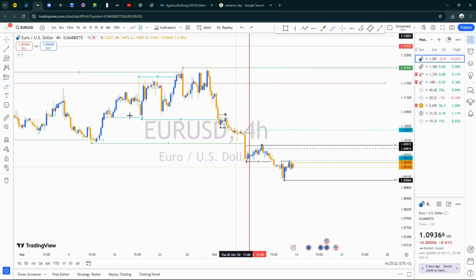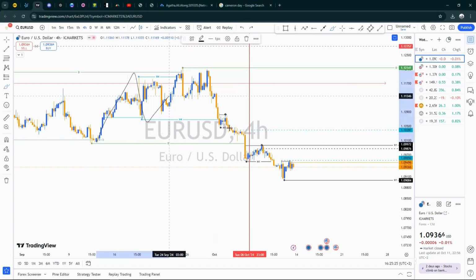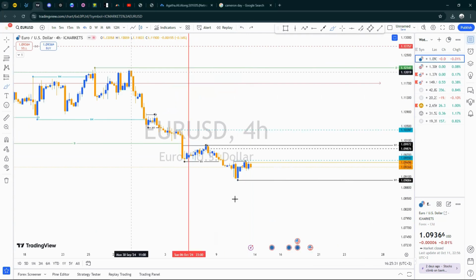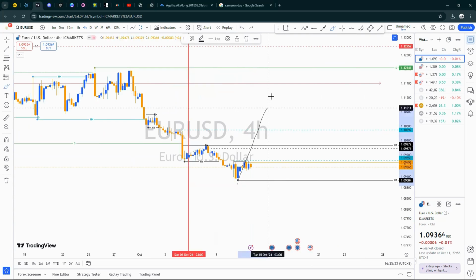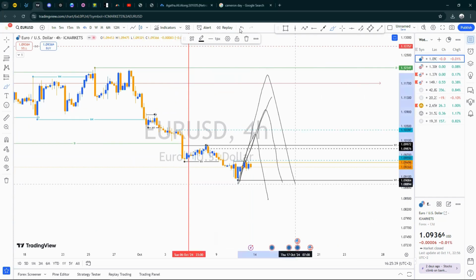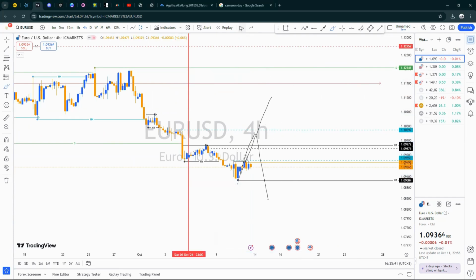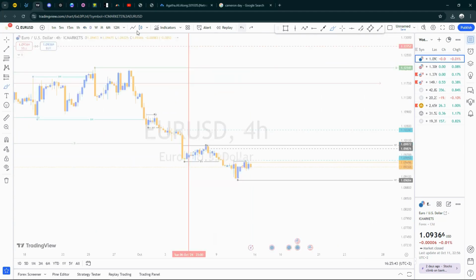So H4 was like this. We are waiting for something like this so that we sell. Remember, it doesn't have to always go all the way up here. Sometimes it can do this, sometimes it can do this. So it's up to it how we enter.